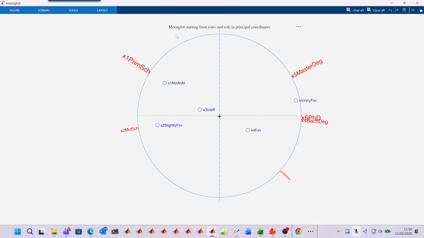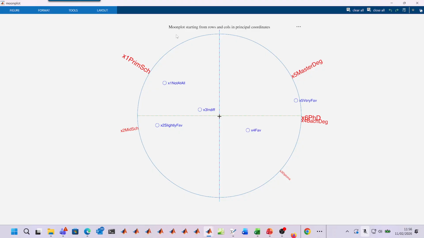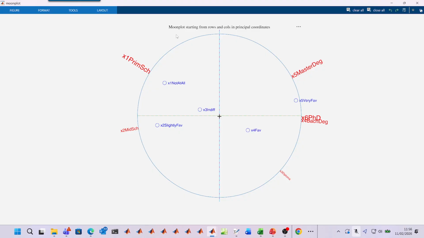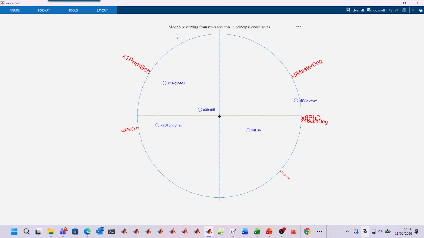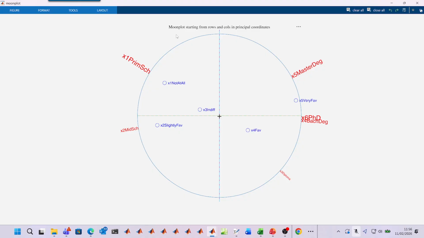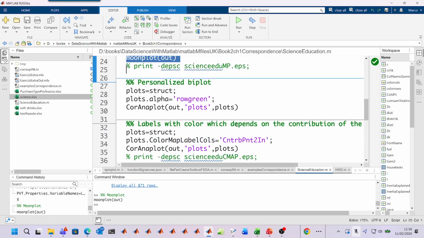And also indifferent is in the direction of primary school. There are people who have a primary school degree that have answered that their position is indifferent. So you see the angle, which is important. On the other hand, slightly favorable is in the angle towards mid-school. So it's an alternative representation, which is really very nice.